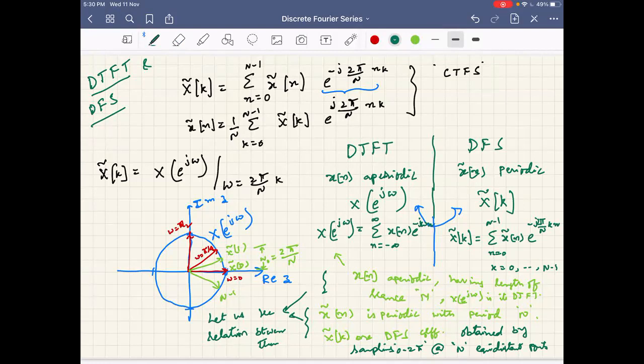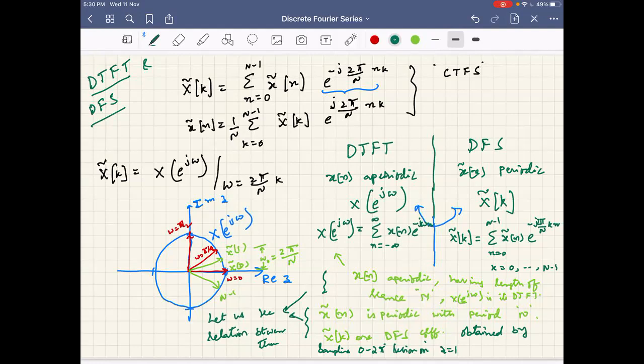Okay, in frequency domain, the sampling points on the right are obtained by sampling 2 pi on z equal to 1.